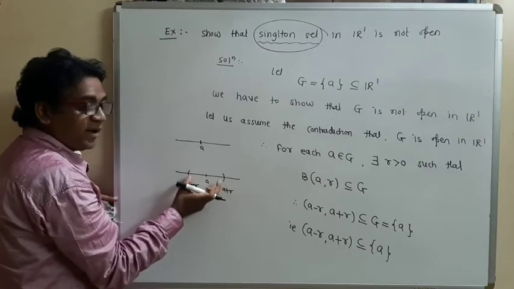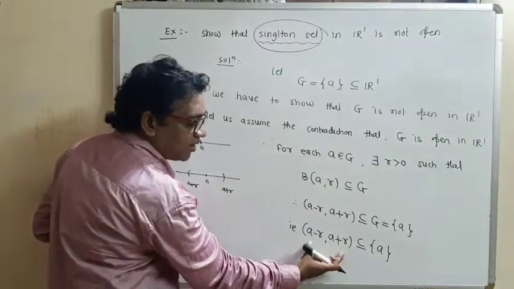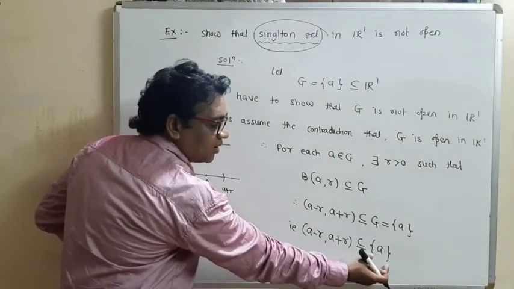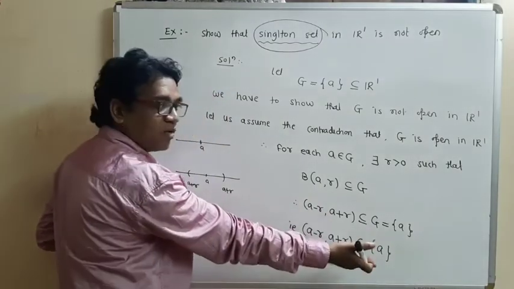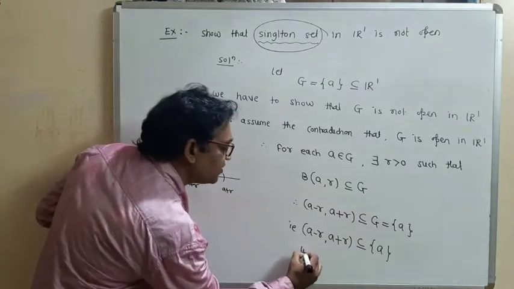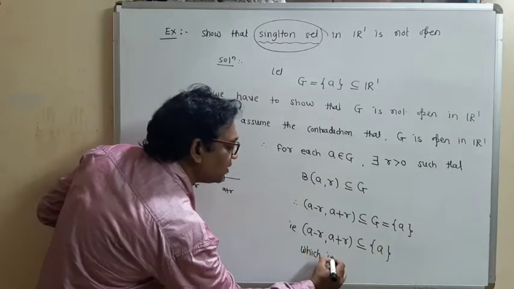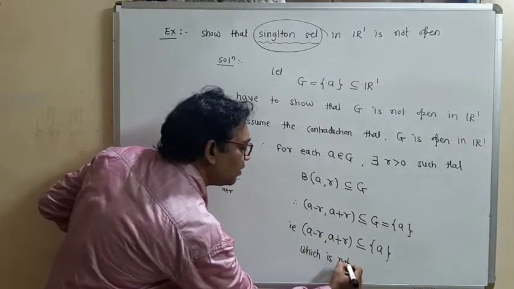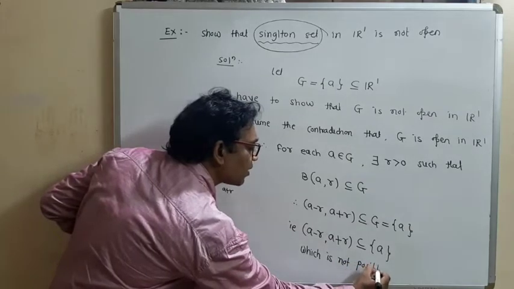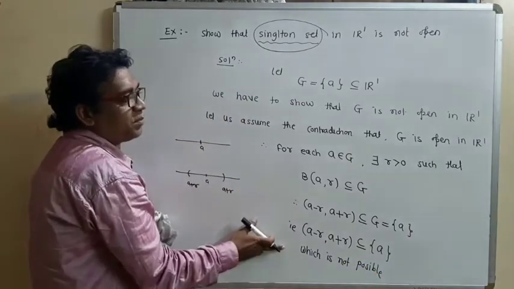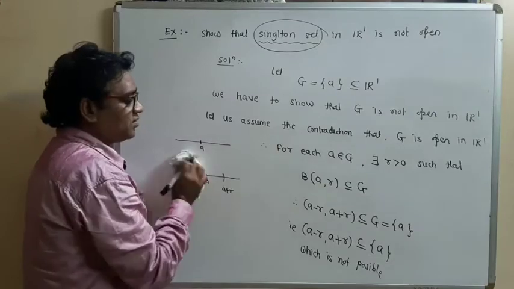So the left side is a bigger quantity and the right side is a smaller quantity, so it will never be a subset of that quantity. This is impossible, so our assumption is not possible.